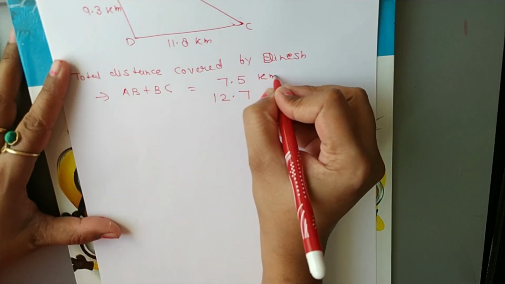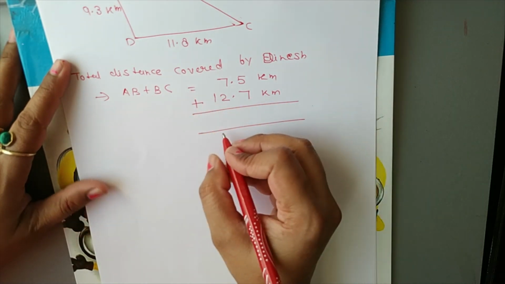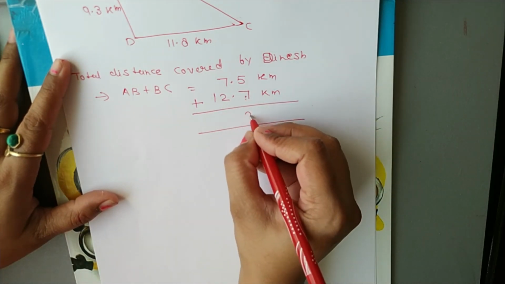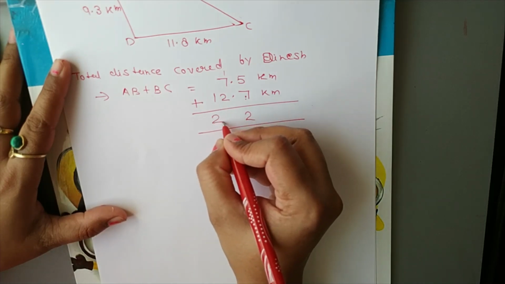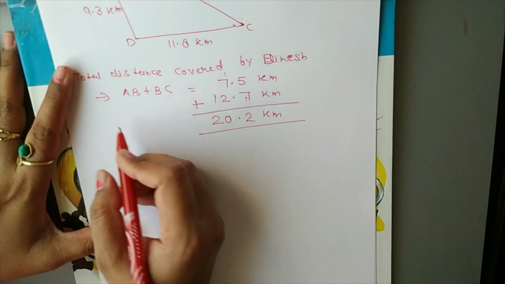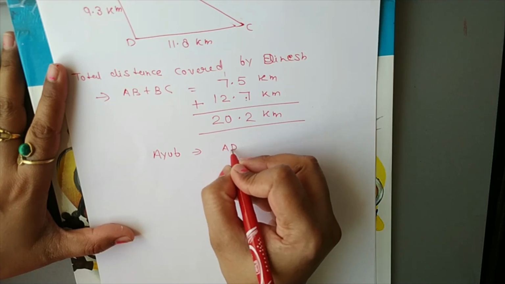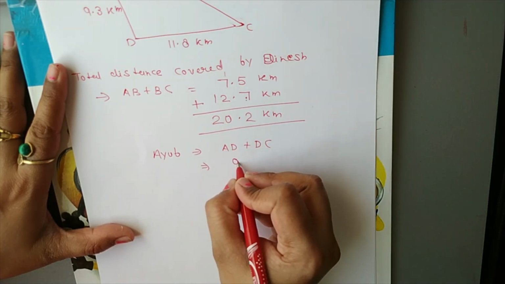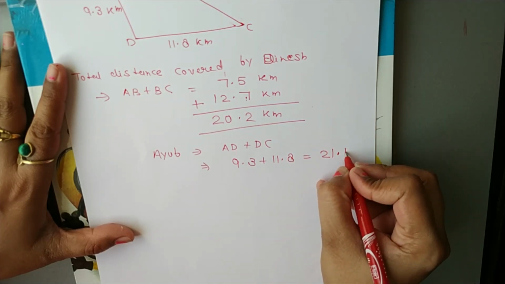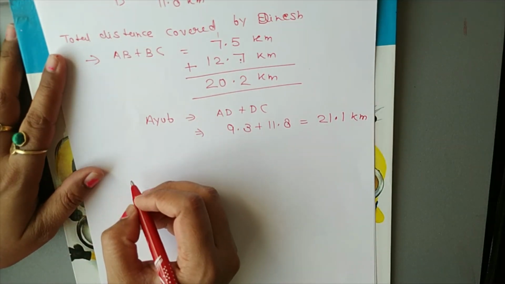We add them, so it will be 20.2 kilometer. Then the total distance covered by Ayub will be AD plus DC, that is 9.3 plus 11.8, so it will be 21.1 kilometer. Now we have to compare which one is greater.